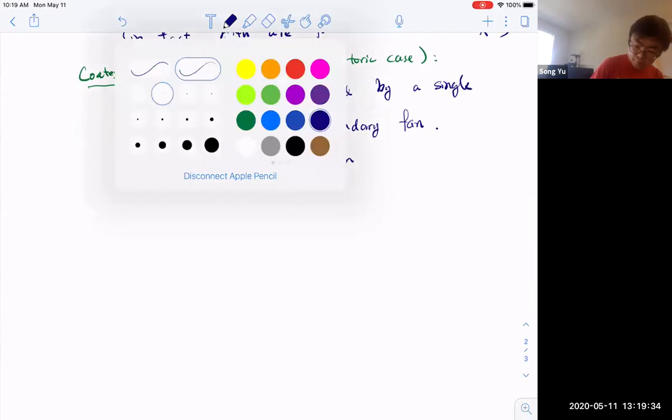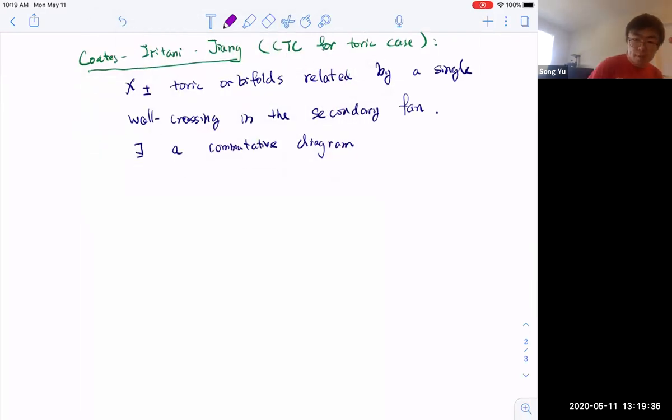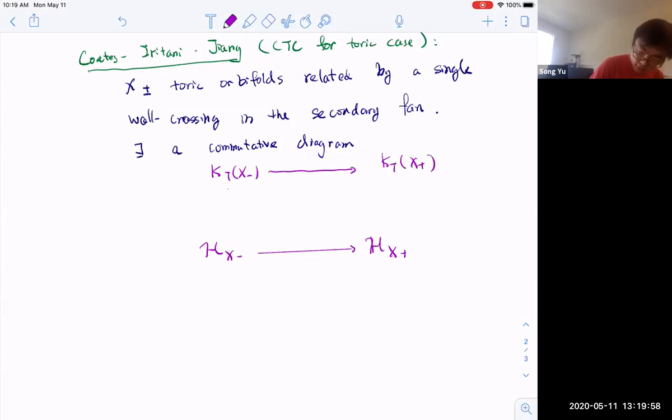Okay, so at the bottom, we have the map we want between the Givental spaces. And also we have the equivariant K groups. And we also have the vertical arrows.